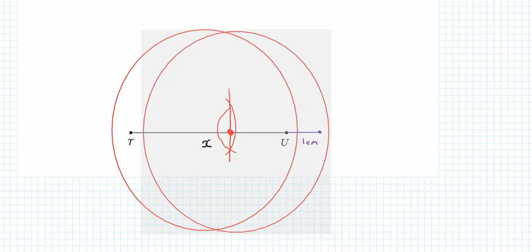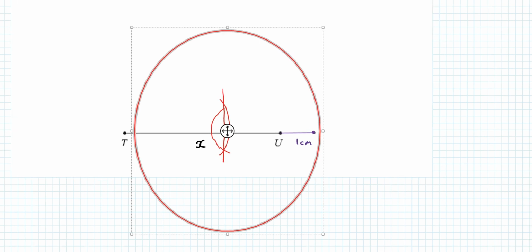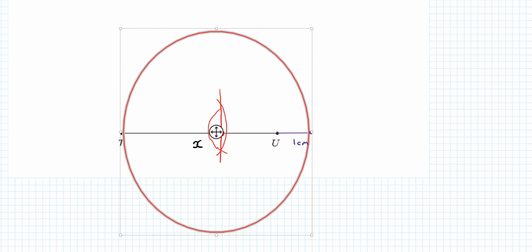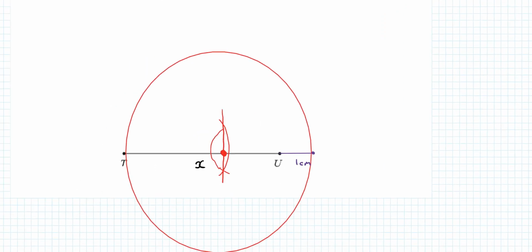The center is there, such that the circle goes through. Now, obviously I'm doing a bit of a sketch. There, look, close enough. This should look really like the semicircle that was given at the start of the question.